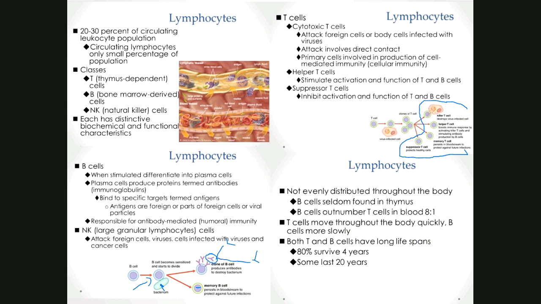All right? Now, one of the big questions is, could the B cell interact with a bacteria, with a virus, with a fungus? Could it interact with it and turn on without the T helper cell? I don't know.